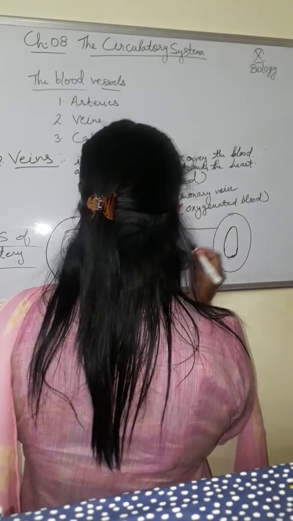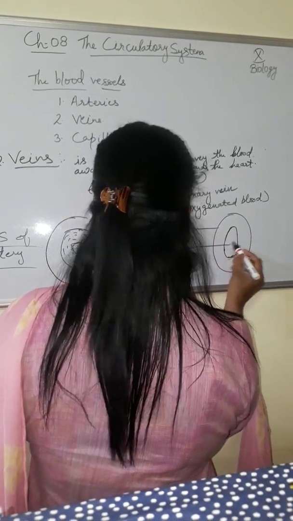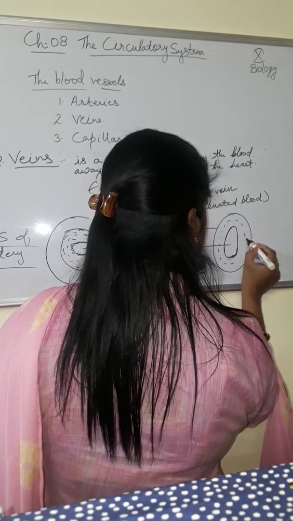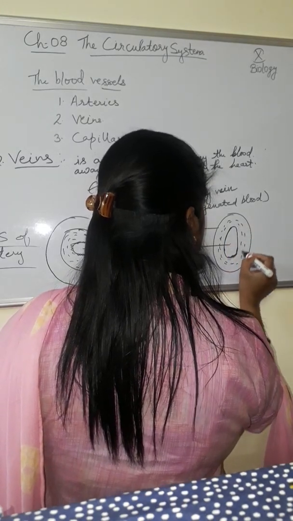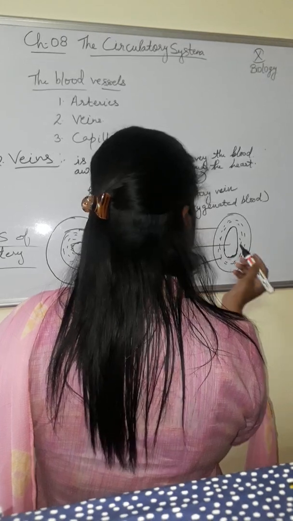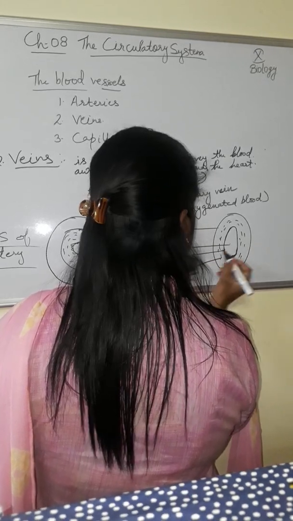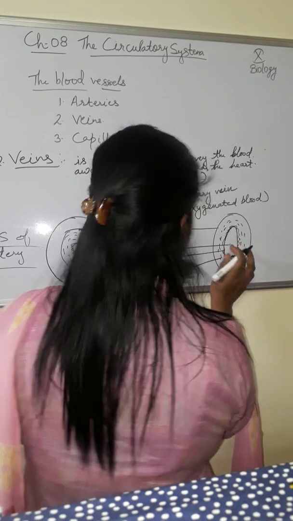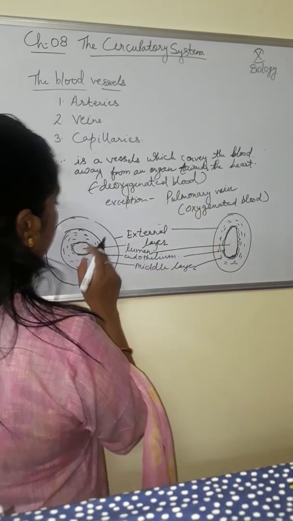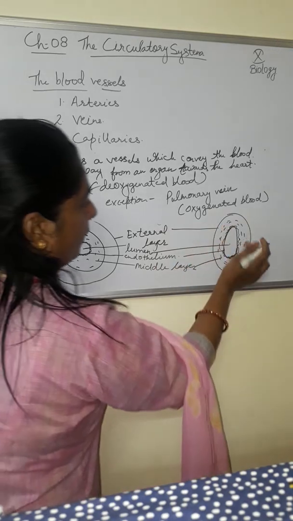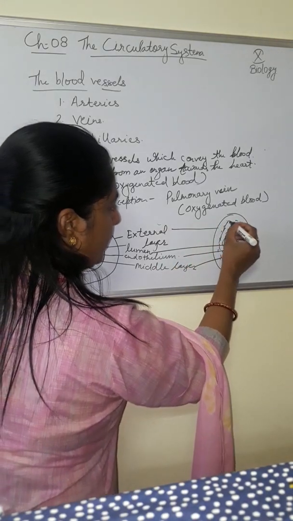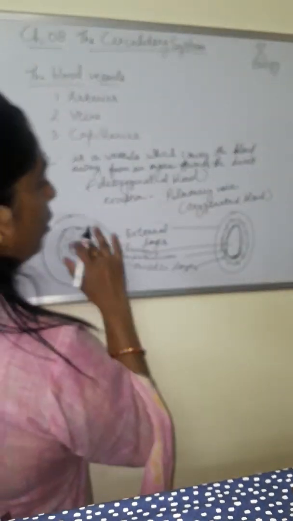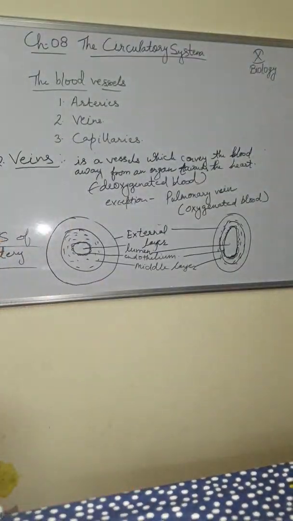This one is external layer, this one is lumen, and this is middle region. This layer is endothelium here. इसका lumen क्या है? In comparison to this one it is large, and this is thick, and this is thin here. See, this is middle layer started from here, no? See, thickness of the wall. It's a thick wall, it is thin wall.